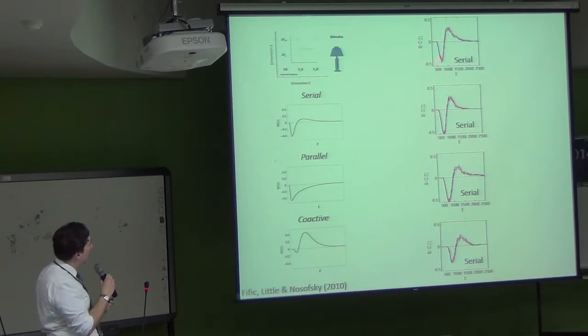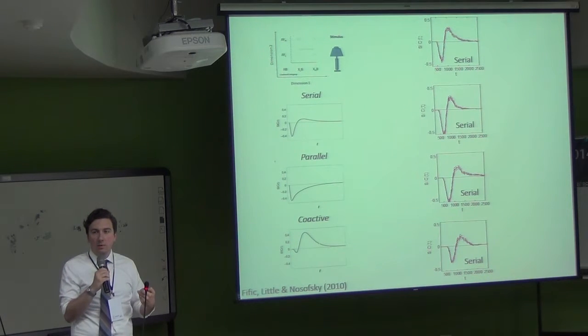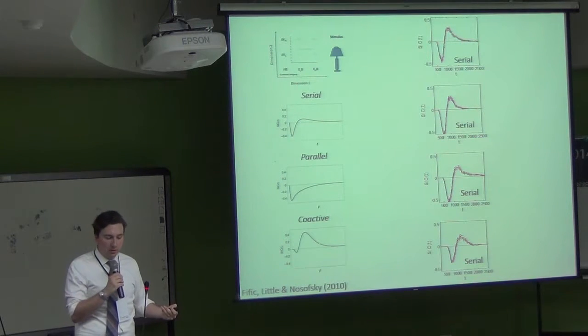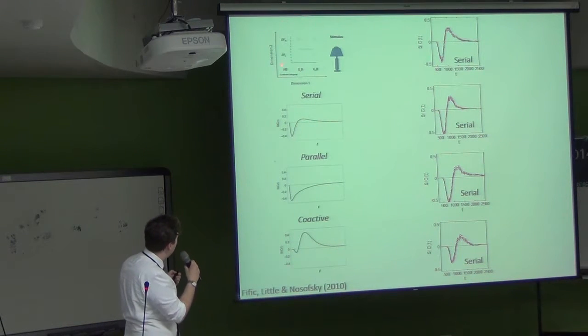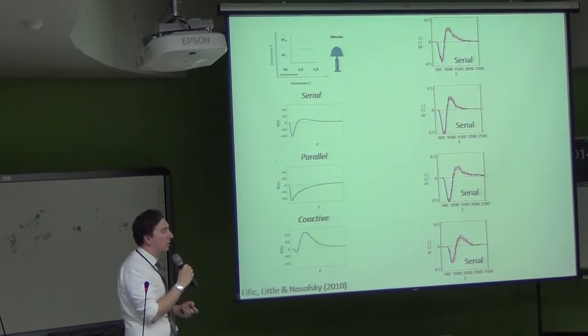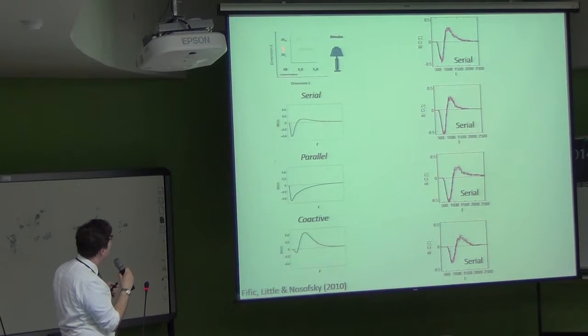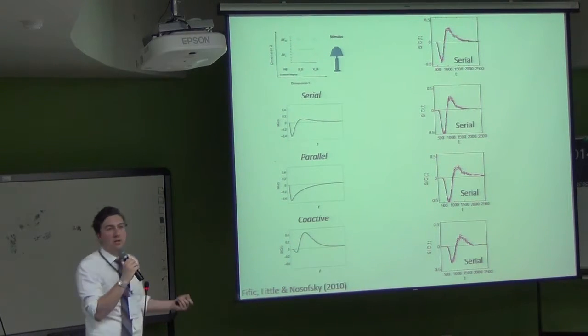We found SIC signatures, which look like very clear serial exhaustive processing for the target category. We had independent modeling evidence, and also evidence from these particular data here, that showed us that in fact they were processing these items in a serial self-terminating fashion. This was serial exhaustive solely due to the nature of the task.